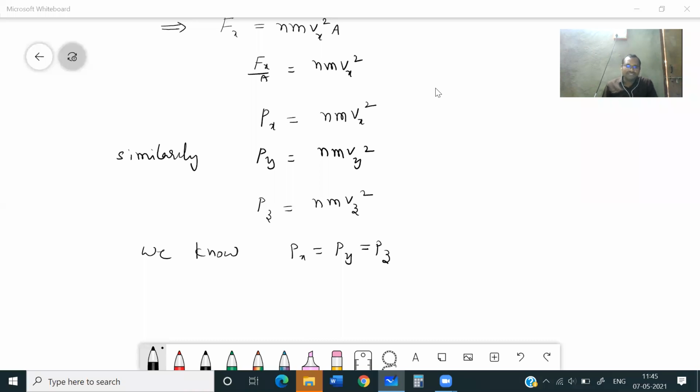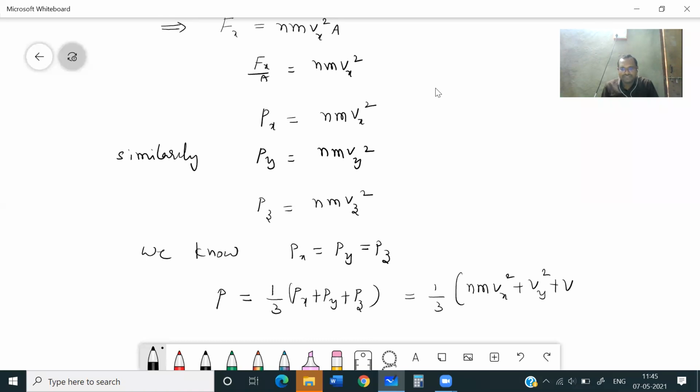Clear? That means total pressure can be written as 1/3 times of pressure px plus py plus pz. Clear? That means it will become 1/3 times of n m vx square plus vy square plus vz square.